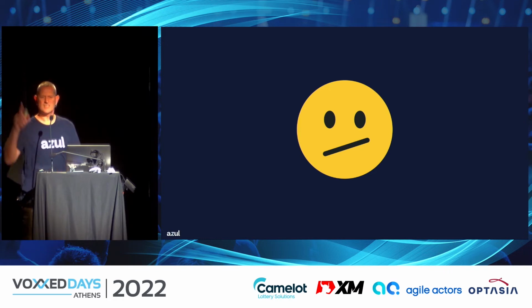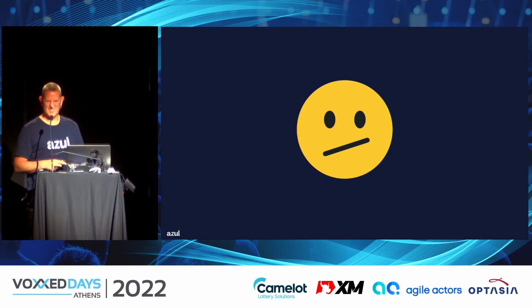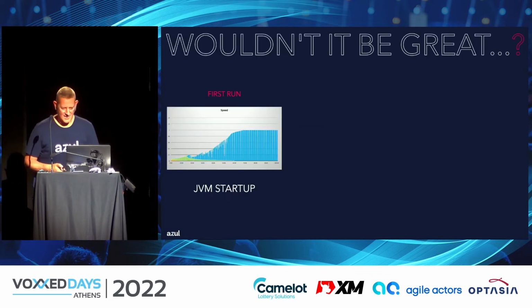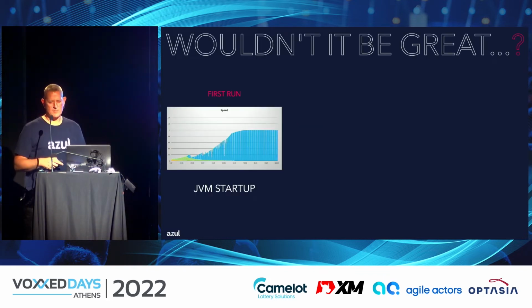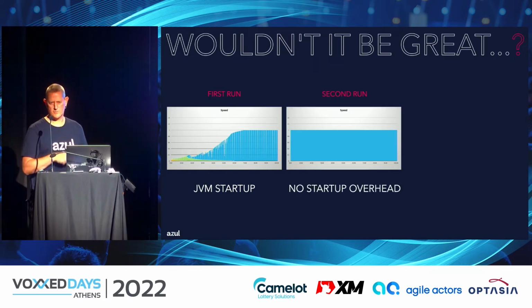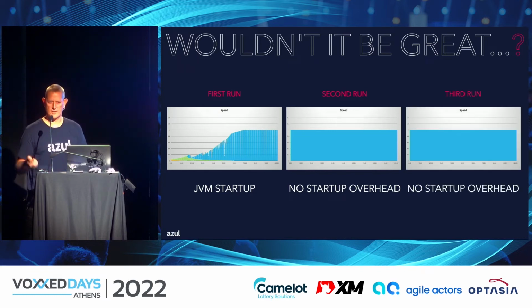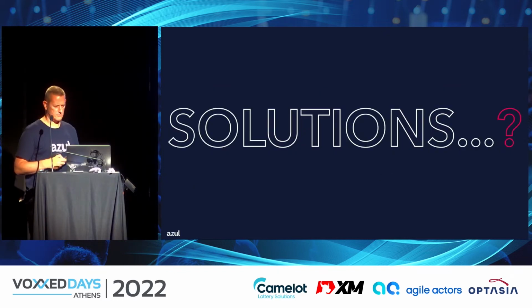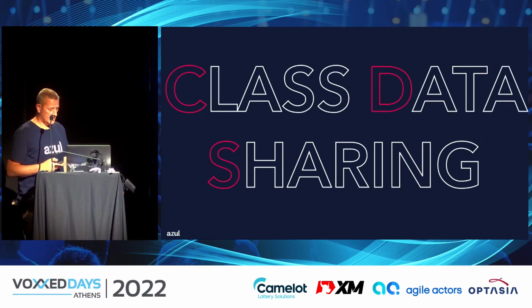Can you raise your hand? I see a few. Okay. Wouldn't it be great if we could do something like that? So we run the service once, and we have to start it up. And then the second time we run it, it's fast. Third time, fast. Always fast. That would be great.